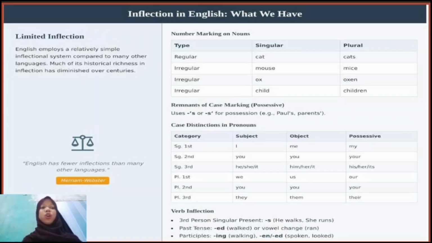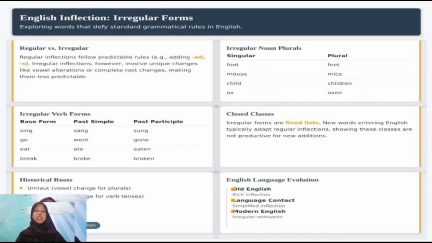We also add ing for continuous forms, and add n or ed for the past participle, like eaten.